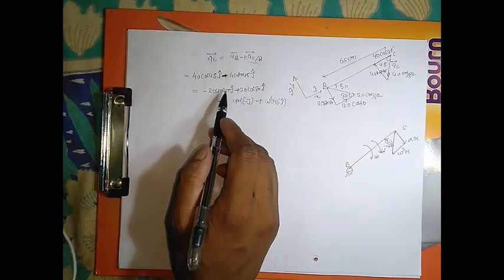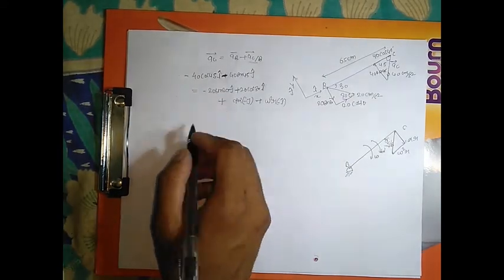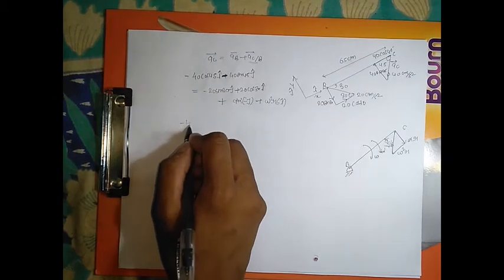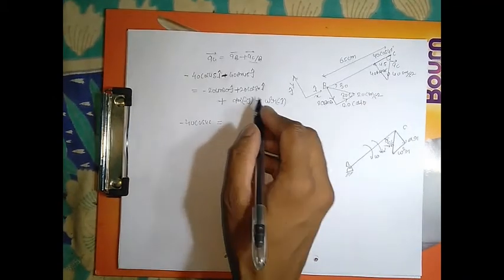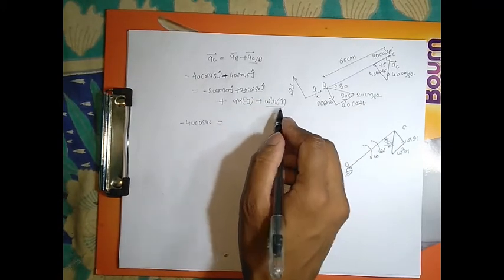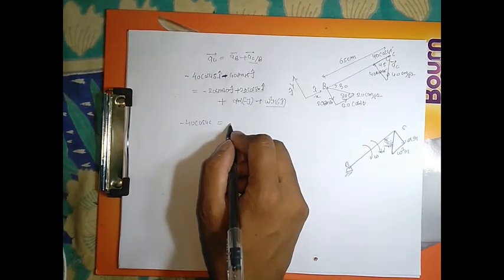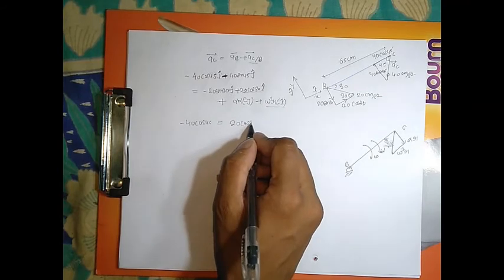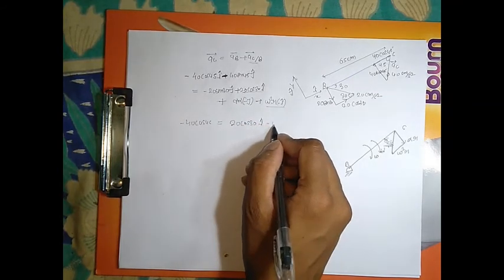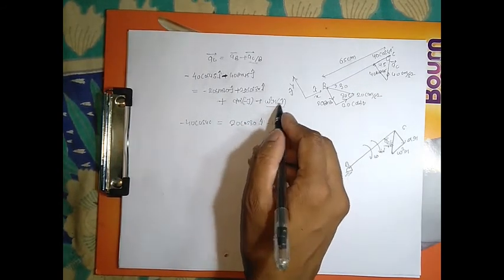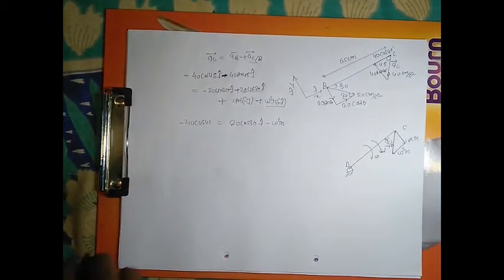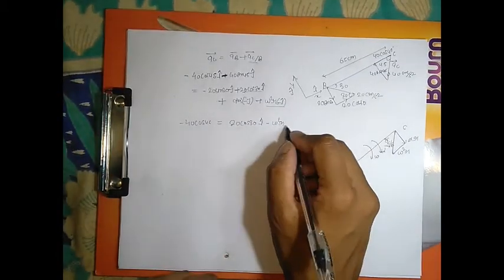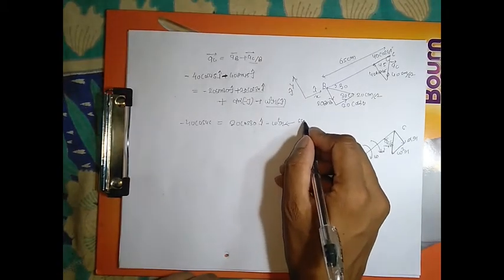Equating the coefficients of the i component, we get minus 40 cos 45 is equal to 20 cos 30 minus omega square r, because here it is minus. You can solve this, and r is 65 centimeter.